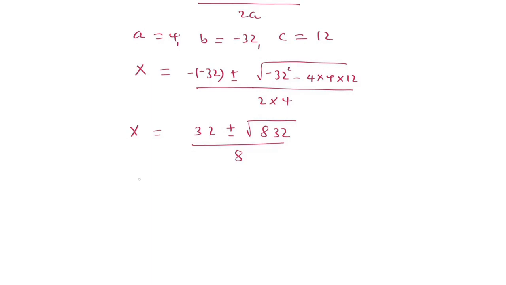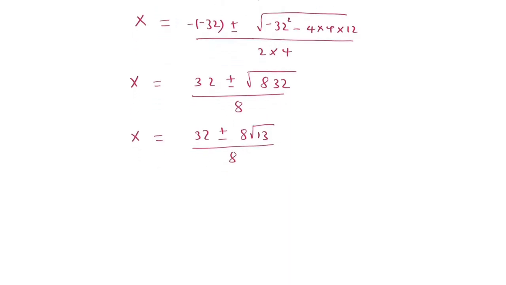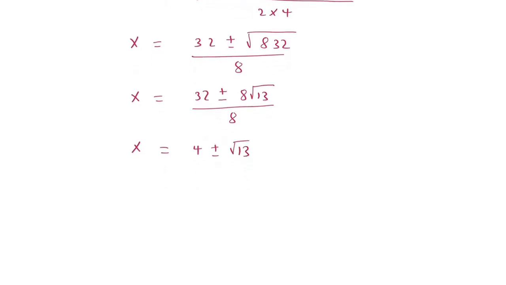Simplifying this, we are having x equals 32 plus or minus 8 root 13 over 8. We can simplify this as x equals 4 plus or minus root 13. Therefore, x equals 4 plus root 13, or x equals 4 minus root 13. And those are going to be our answers.